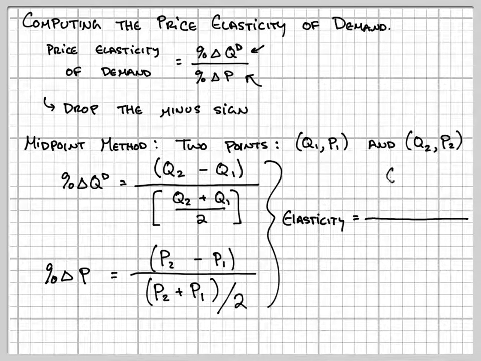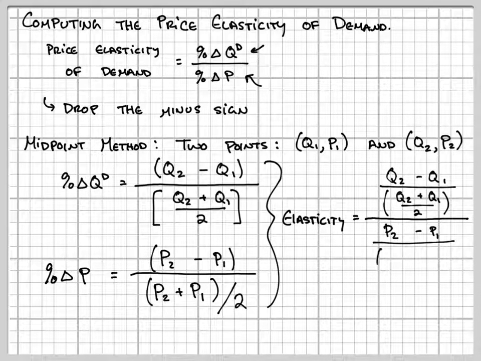So it's Q2 minus Q1 divided by Q2 plus Q1 over 2, over P2 minus P1 over P2 plus P1 divided by 2. Now this looks like a mess, but it's actually really easy to compute. And so in the next slide, let's do an example of how to compute it. Okay?